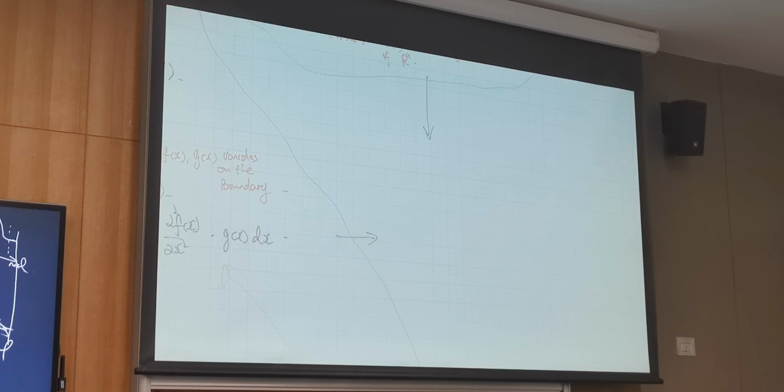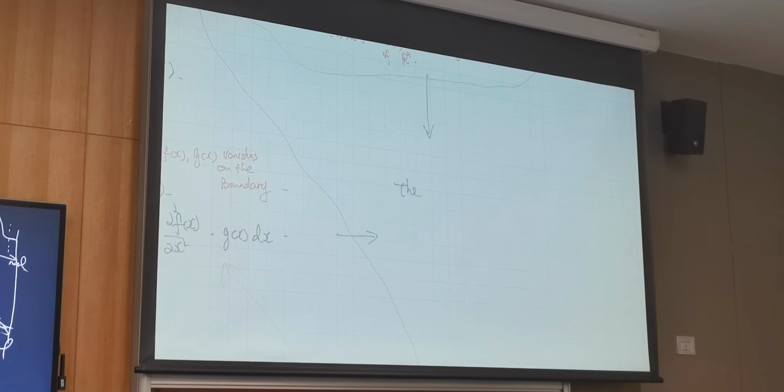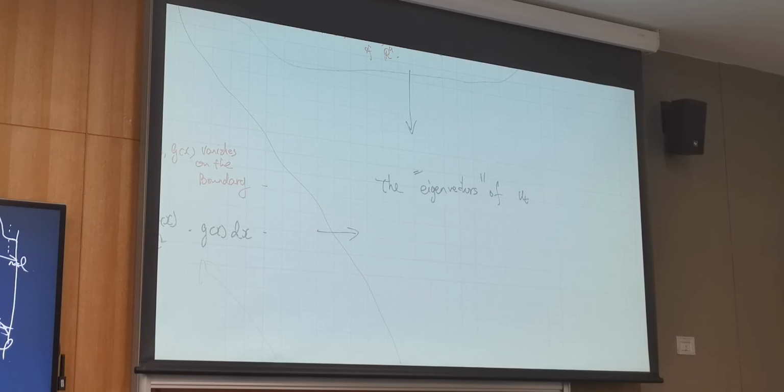They support one argument: that the eigenvectors of the second order derivative on time and the second order derivative on space indeed form an orthogonal basis of the whole space.